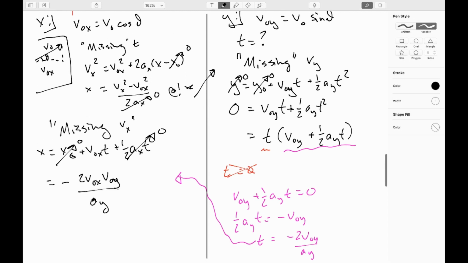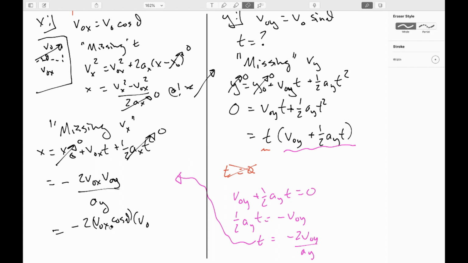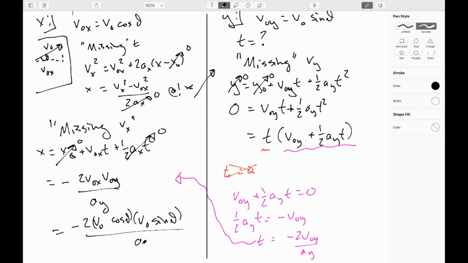All right. We can clean this up a little more. We can remember that v naught x is v naught cosine theta. So this will be minus 2 v naught x cos theta, and then v naught y was v naught sine theta. This will be over a sub y.